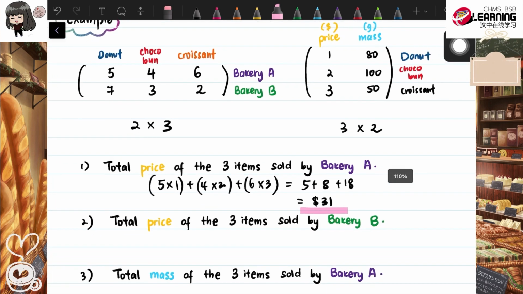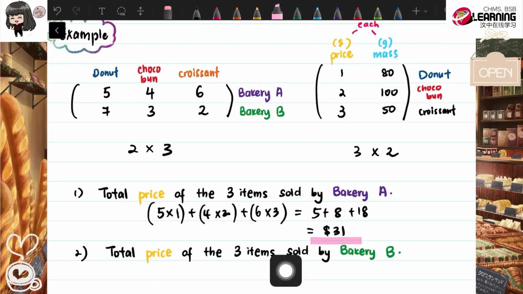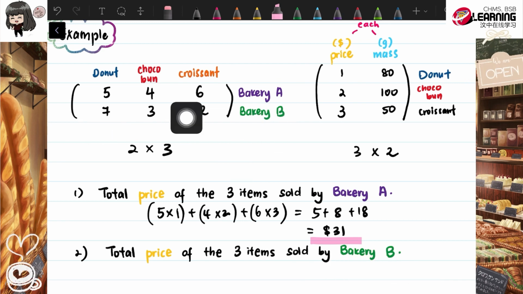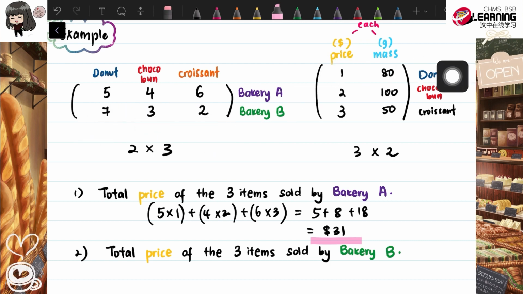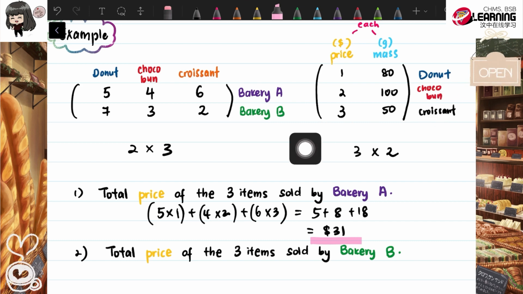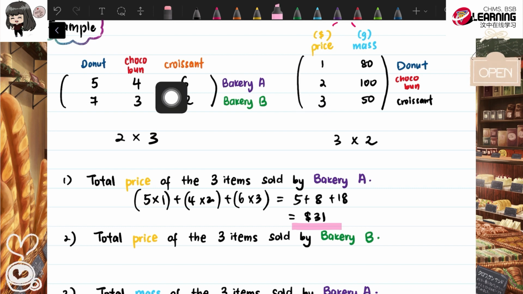Alright, let's look at question 2. You need to find the total price of the 3 items sold by bakery B. Bakery B sold a total of 7 donuts, 3 choco buns, and 2 croissants, with $1 per donut, $2 per choco bun, and $3 per croissant. So we have to multiply and sum it up to find the total price.